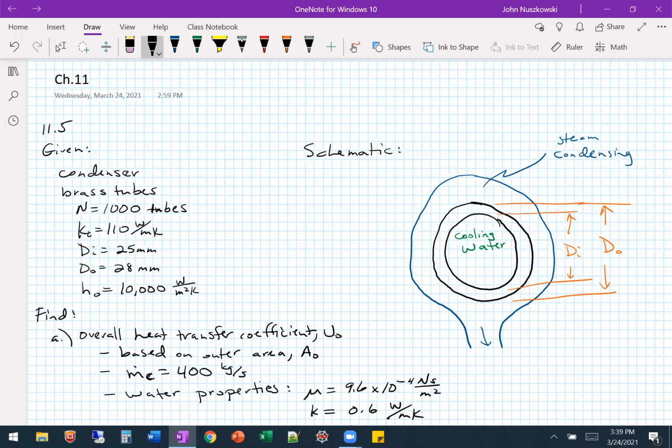They gave us that this is brass, right? And they gave us this condensing steam's convection coefficient, which is 10,000 watts per meter squared Kelvin. And you get a very high convection coefficient when you're condensing or evaporating.